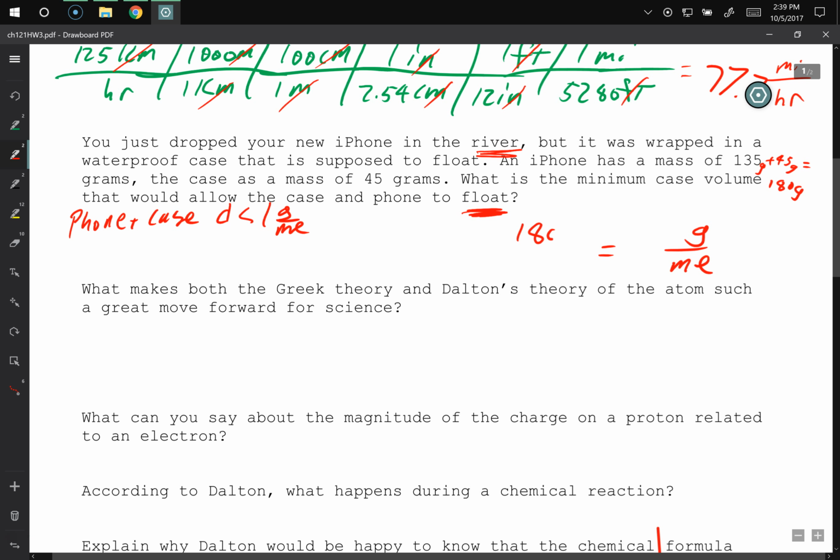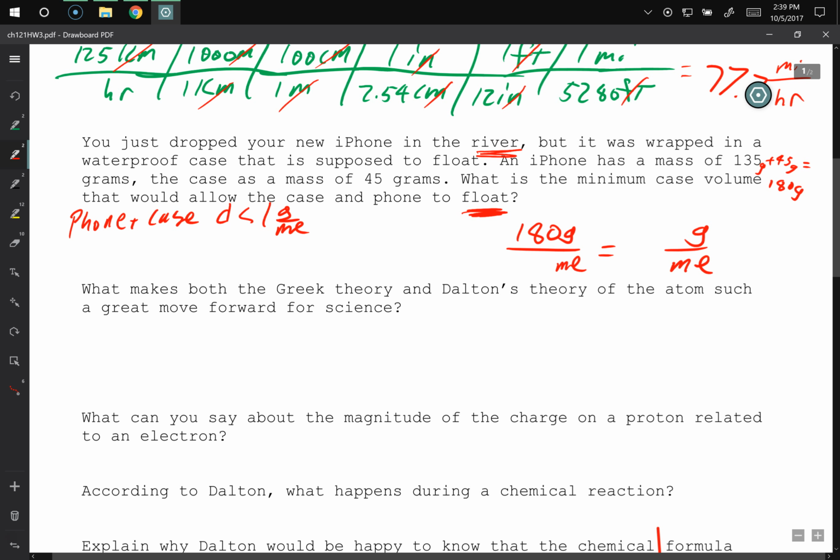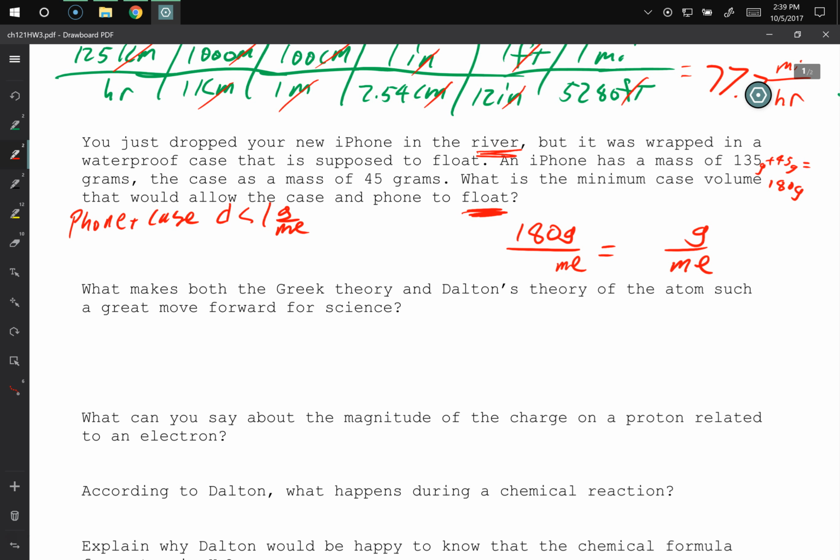The gram portion of this is 180. And I need that number to be less than 1. So I get to pick any milliliter number I want. What are you going to pick? 200? That would work.